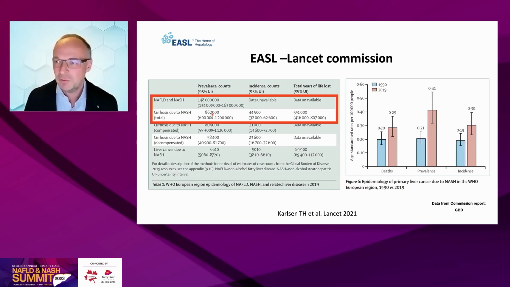This is not something you can transplant your way out of. And also a massive, let's say, socioeconomic burden in terms of impacting total years of life lost. And again, a similar scenario here, comparing 1990 with 2019, you can see across all these different things, there's a clear increase. So it's a societal challenge that we need to respond to.